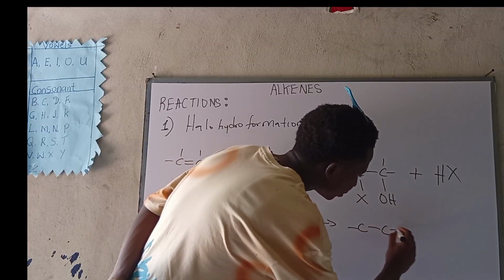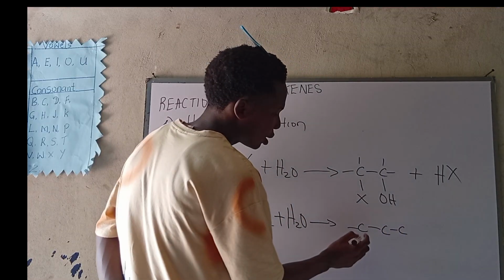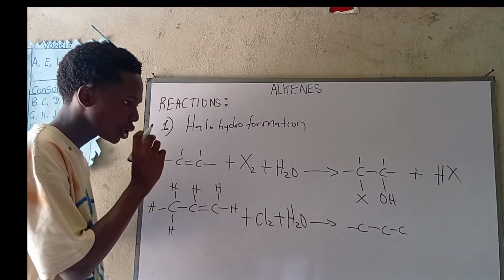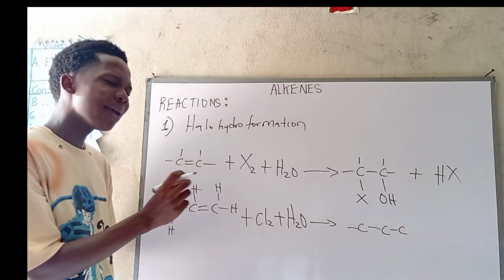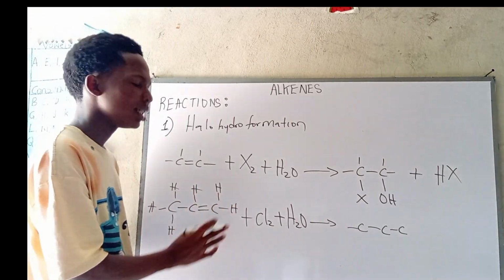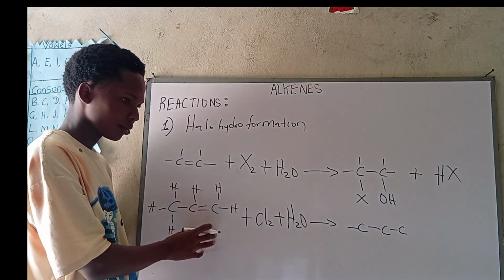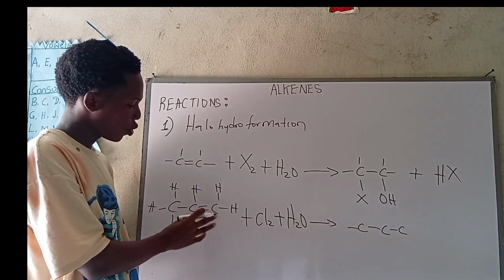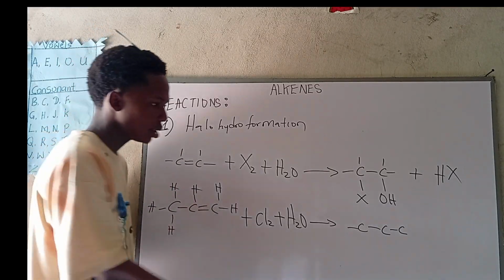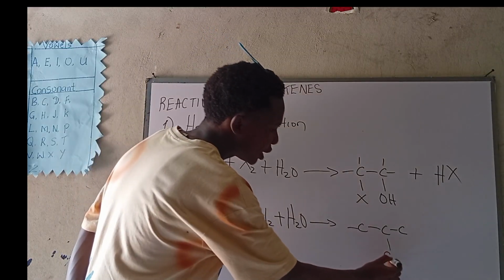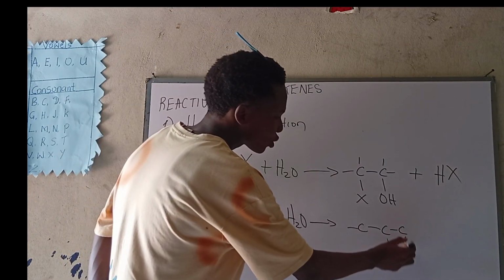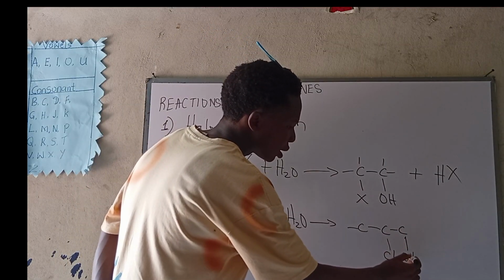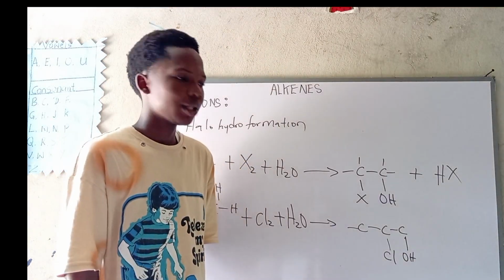One, two, three. Okay? And now this is the crucial part. Every time an alkene is in a reaction, we have to take note of where the double bond is. The position of the double bond is where the chlorine will be, and that is also where the OH group is going to be.